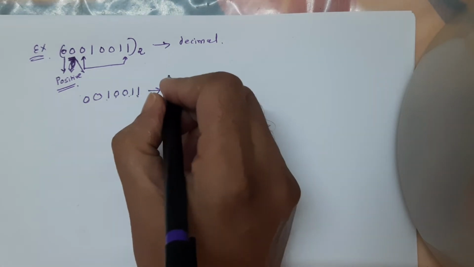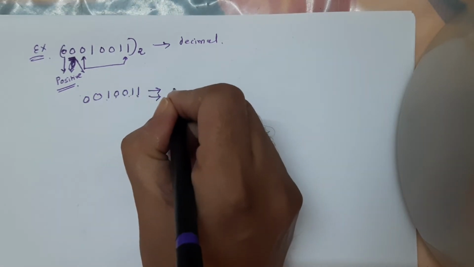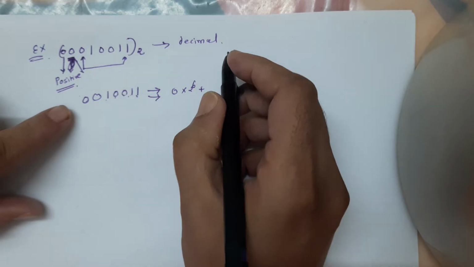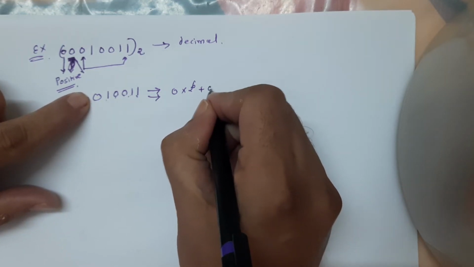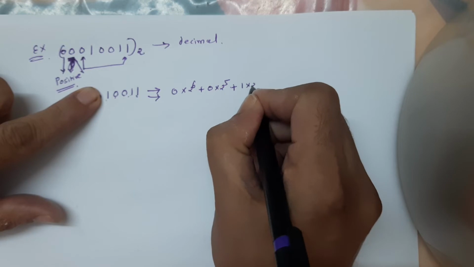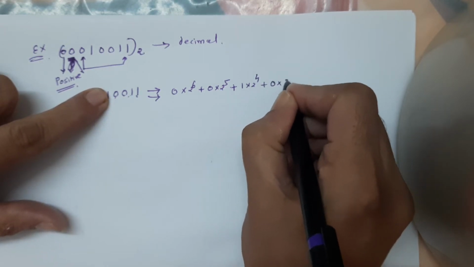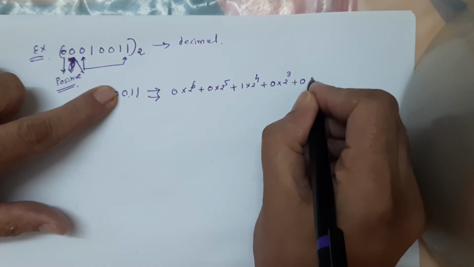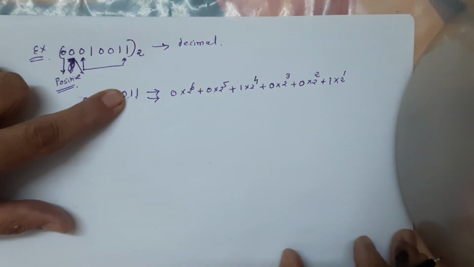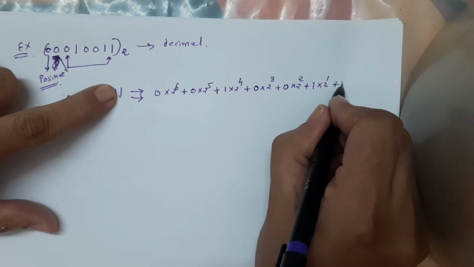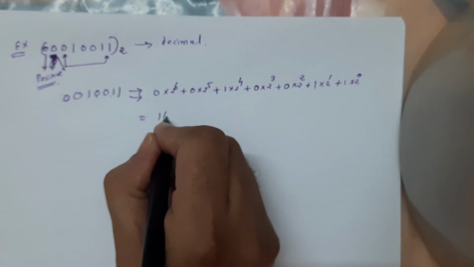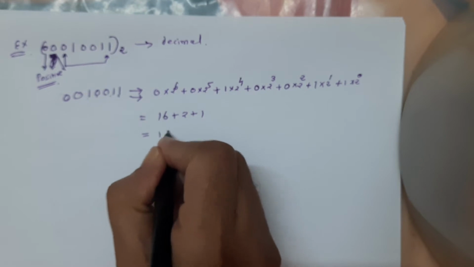So this is equal to 0 into 2 raised to 6 plus 0 into 2 raised to 5 plus 1 into 2 raised to 4 plus 0 into 2 raised to 3 plus 0 into 2 raised to 2 plus 1 into 2 raised to 1 and last 1 into 2 raised to 0, and this is equal to 16 plus 2 plus 1, which is equal to 19.